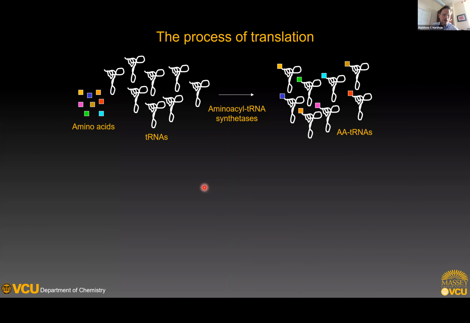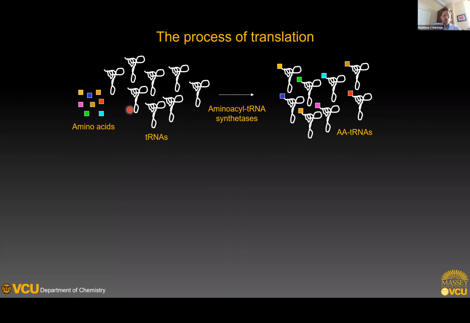The genetic code is involved in the process of translation. During translation, we take a messenger RNA message and turn it into a protein. I'm going to give you a very simplified version of how that works in E. coli. We start with a pool of amino acids, 20 of them, and a pool of tRNAs. In E. coli, there are 46 different tRNAs.